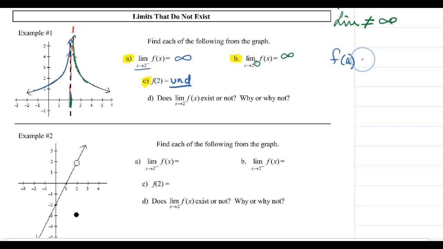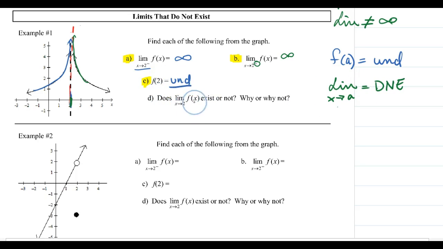A function can be undefined at a particular point, and a limit can fail to exist, and we typically abbreviate this does not exist. But we don't say that functions don't exist or that limits are undefined. We say that the function is undefined and that the limit does not exist. So for C, we say the function is undefined.